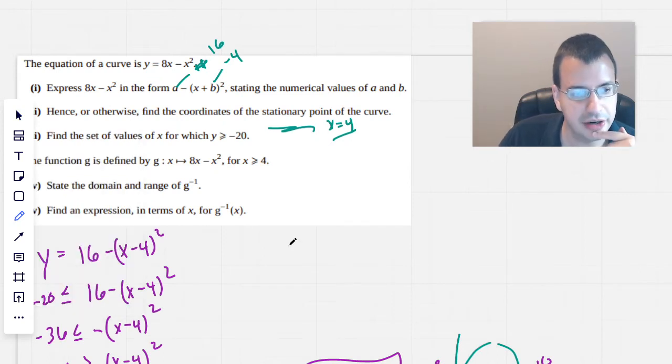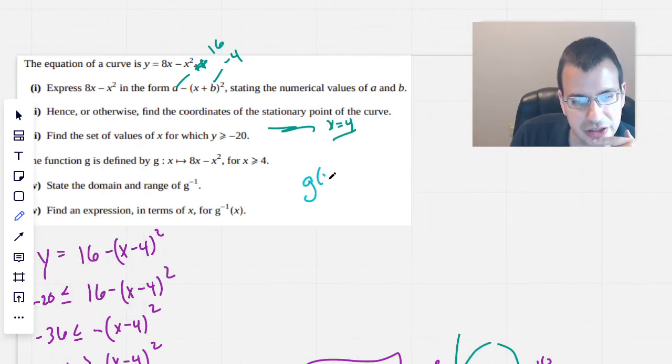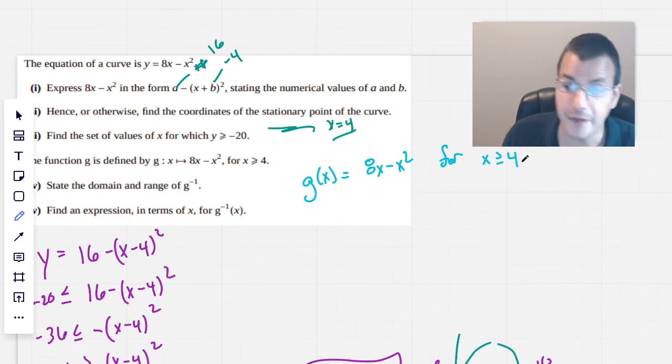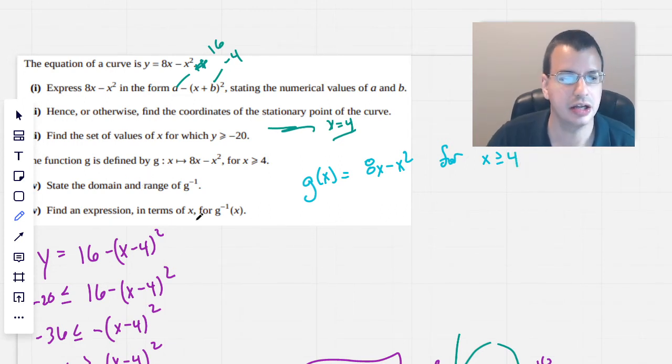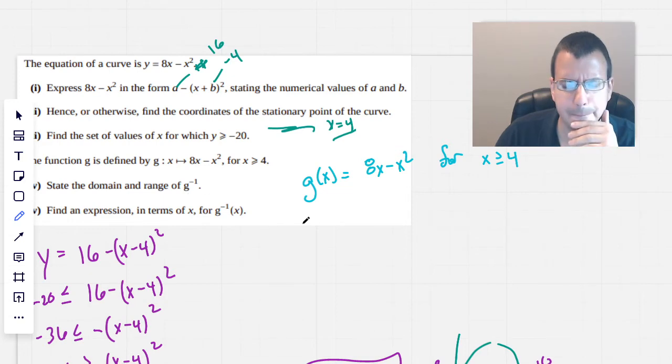So what I'm going to say here is g of x equals 8x minus x squared for x greater than or equal to 4. So our first part is we want to state the domain of g inverse of x.